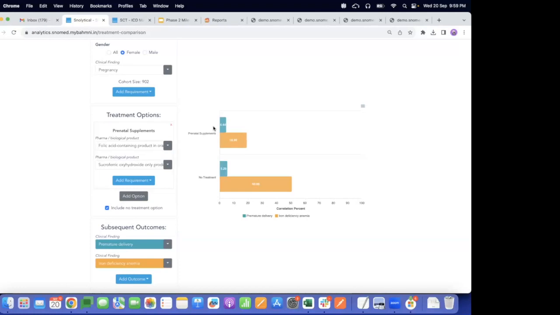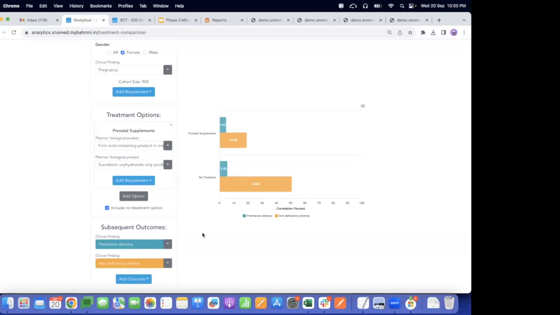So basically, what this graph tells us is that this iron and folic acid treatment is a low cost intervention, right? With no adverse effects, and it can provide clear improvements on pregnancy outcomes.